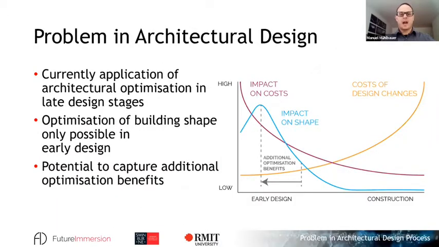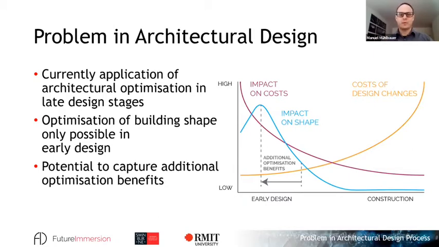The problem in architectural design that we are confronted with is that optimization usually happens very late in the design process and often is only applied to building elements. So the building shape is usually not taken into account when optimizing a building. There are additional optimization benefits that can be captured by optimizing the building shape, the building envelope, very early in the design process.